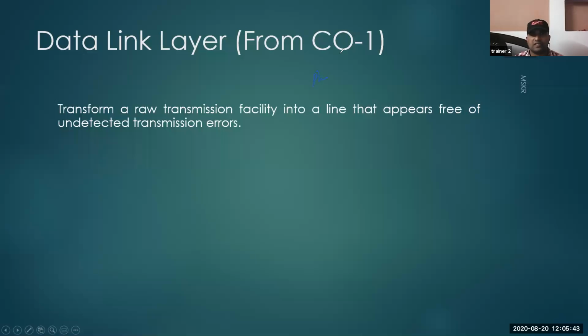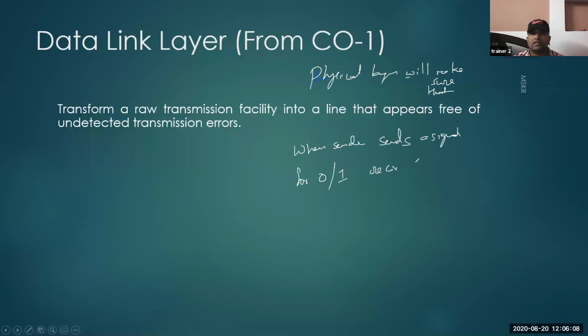Let me change the color. Yeah. So the physical layer will make sure that when the sender sends a signal for 0 or 1, the receiver understands it as it is.